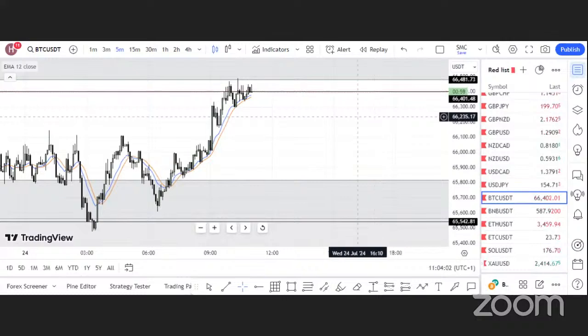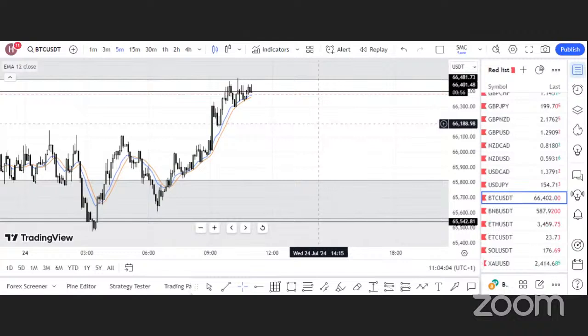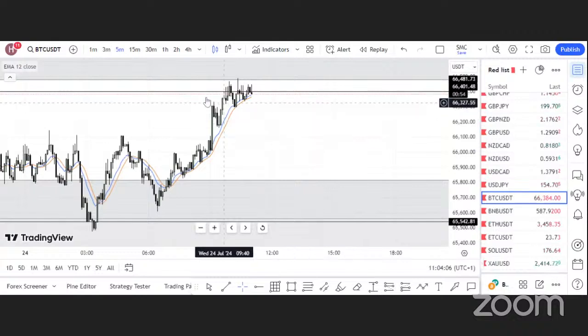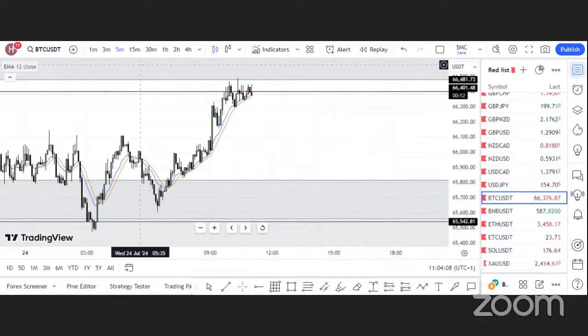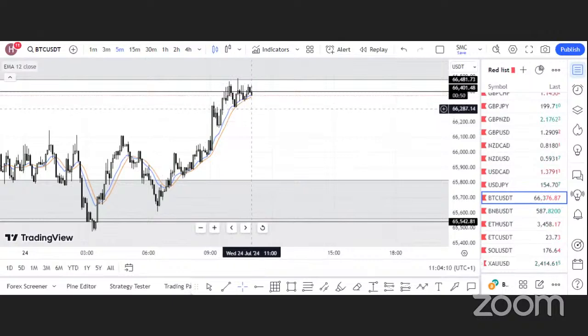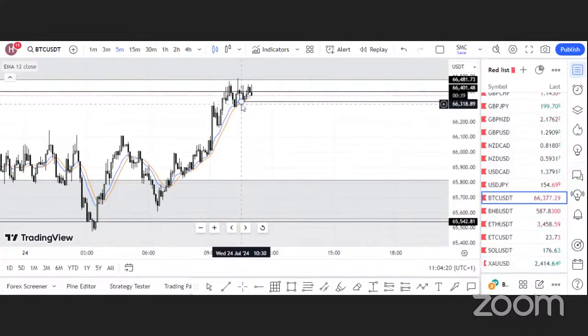All right, so we are getting a rejection on the 5 minutes time frame. But this rejection is only going to be valid if it goes below this level.